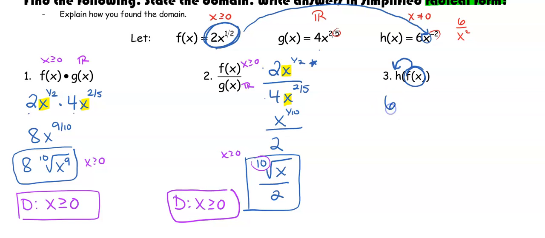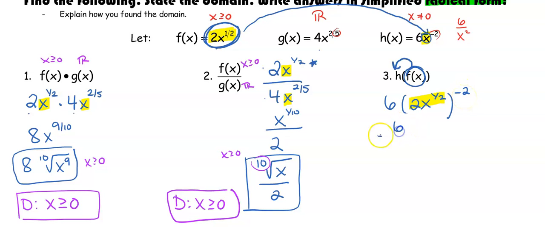So that becomes 6 over 2x to the 1/2 power, all raised to the negative 2nd power. So again, this x came out, that replaced where the x was. This gets substituted in. That is to the negative 2nd power.